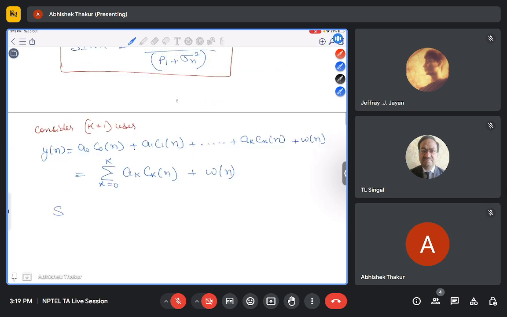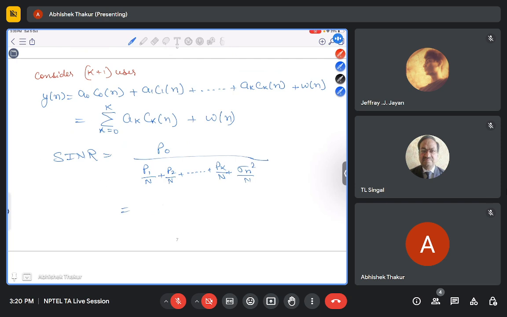So here our SINR will be, the above one was for the 2 users, now this is for k plus 1 users: P naught divided by P1 by n plus P2 by n plus Pk by n plus sigma n square by n.